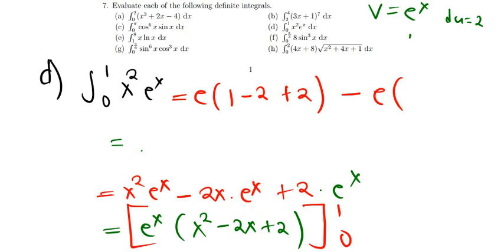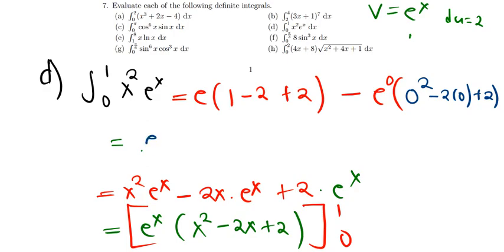So e to the power 0 is of course just going to be a 1, and then 0 to the power 2 will be what? 0 to the power 2 would just be a 0, then plus 2.